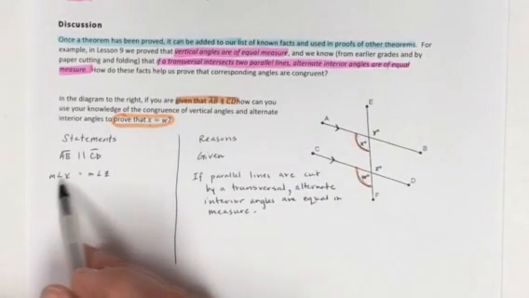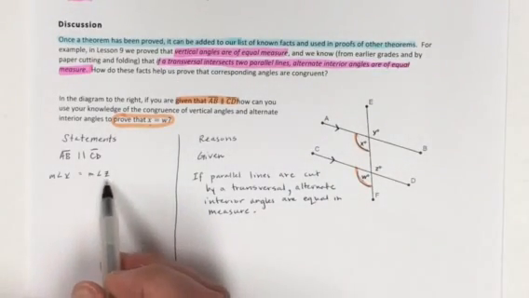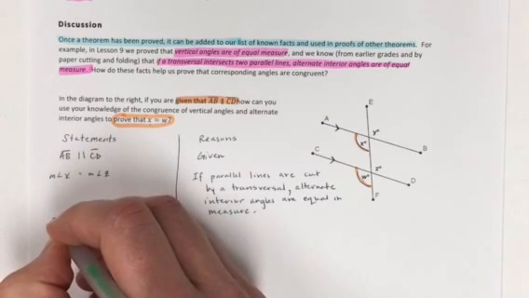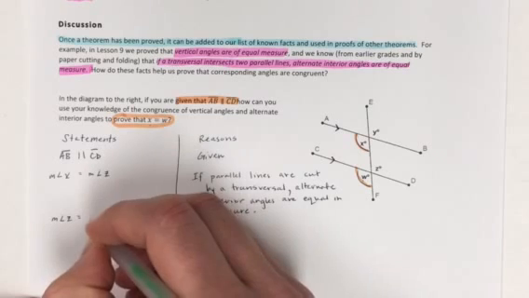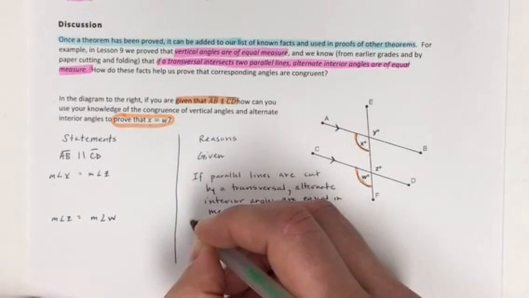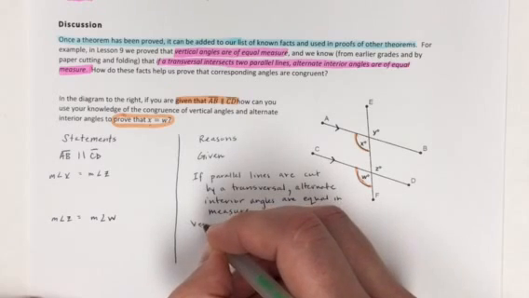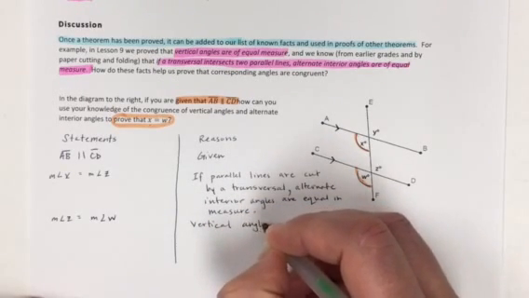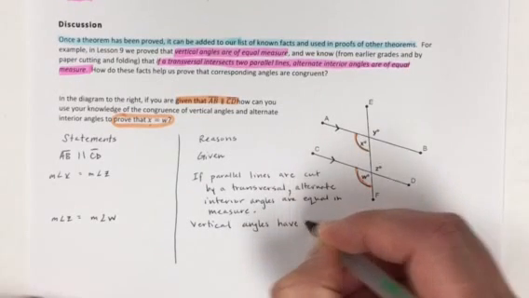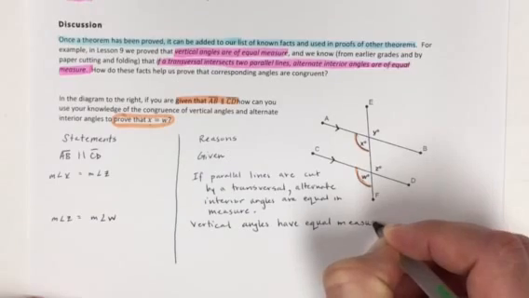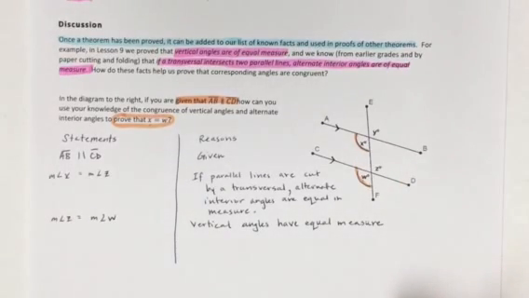Okay, so that's the reason why I'm able to claim that the measure of angle X is equal to the measure of angle Z. I can also claim the measure of angle Z equals the measure of angle W, because vertical angles have equal measure. And these are two theorems that we have proven in the past couple days.